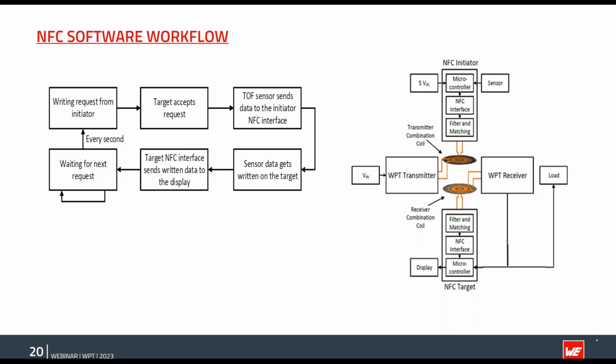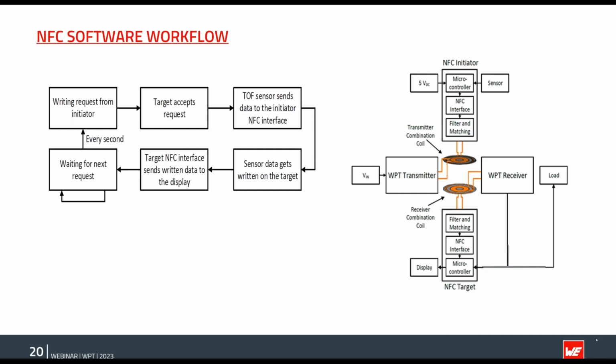We start by writing a request. The initiator writes a request, and then it's passed on to the target, and the target then accepts the request. And the time of flight sensor then sends the data to the initiator of the NFC interface.